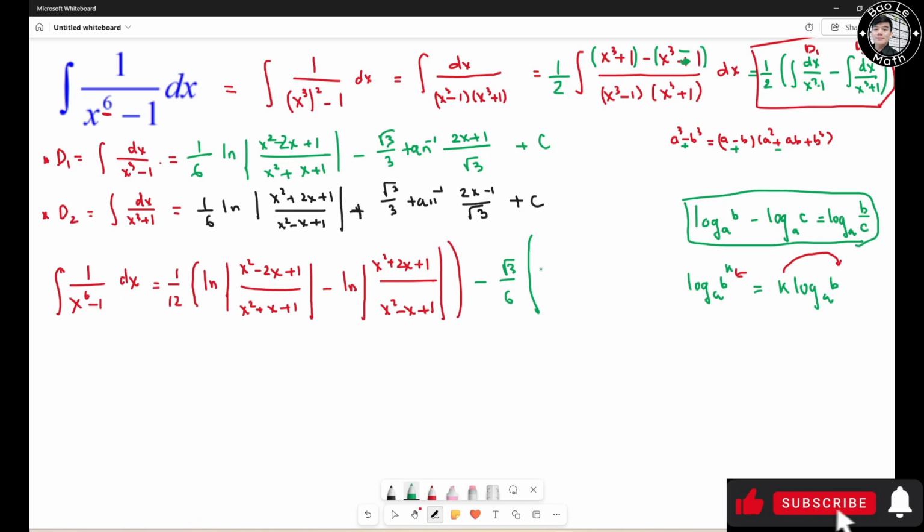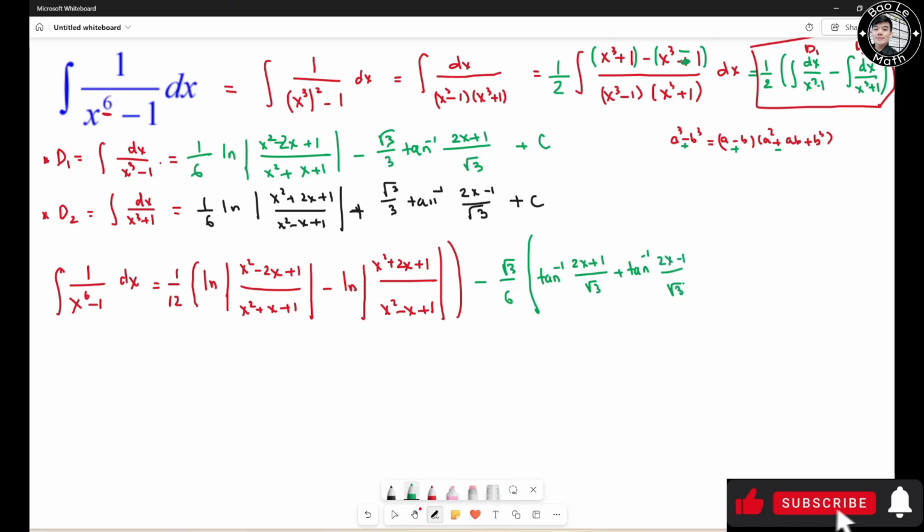This guy turns out to be tangent inverse of 2s plus 1 over root 3 plus tangent inverse of 2s minus 1 over root 3 plus c, right?